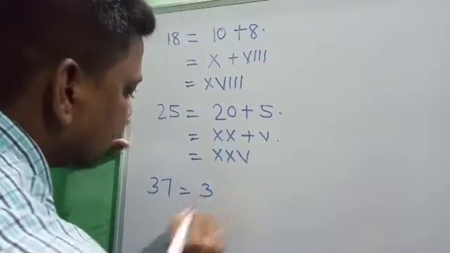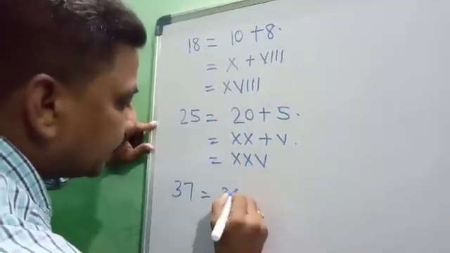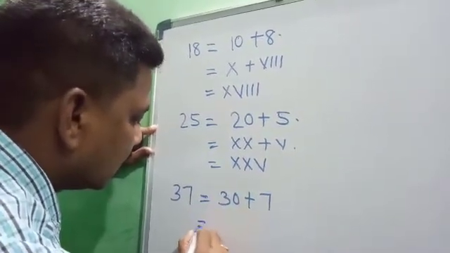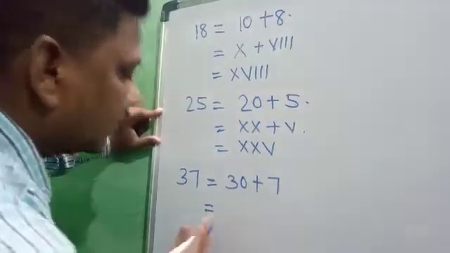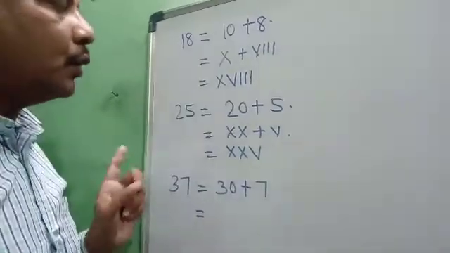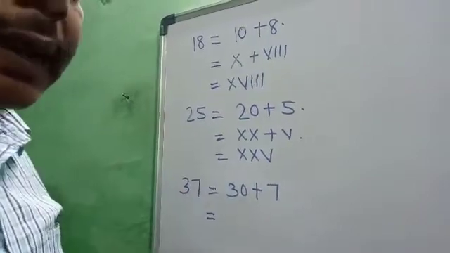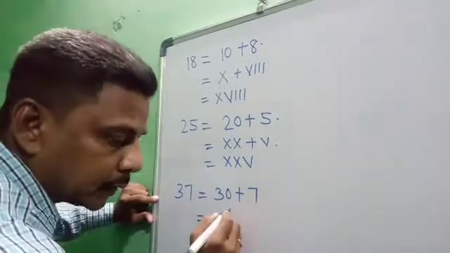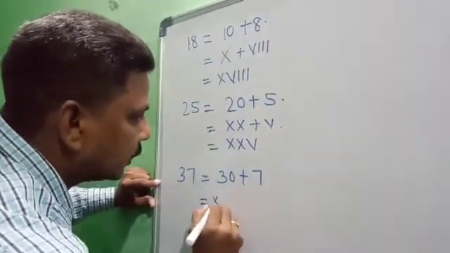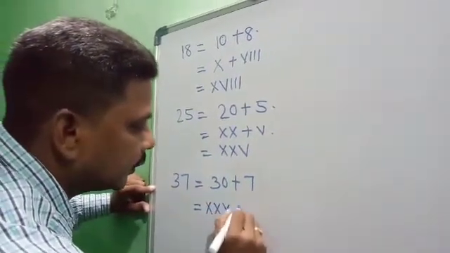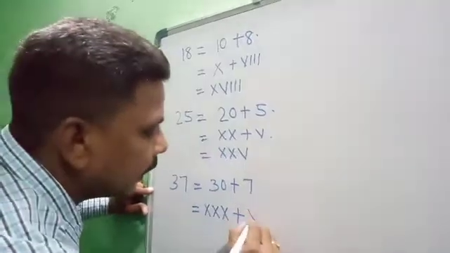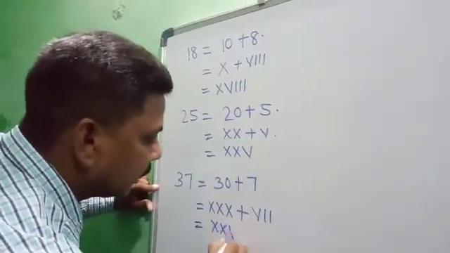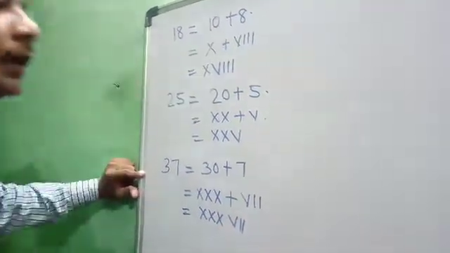Suppose 37 means 30 plus 7. For 30, you know that X can be used a maximum of 3 times. So 10 plus 10 plus 10 means X plus X plus X, plus 7 is VII. So for 37, XXXVII.